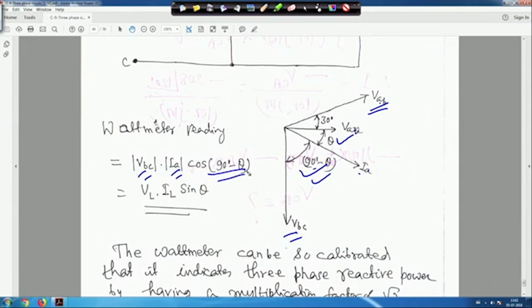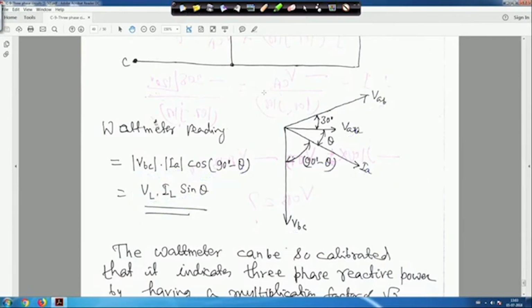So cos(90° − θ) means the wattmeter reading will be VL IL sin theta, but our reactive power is √3 VL IL sin theta, so this reading has to be multiplied by √3 to get the correct reading. This way the same wattmeter can be used for measuring the reactive power.